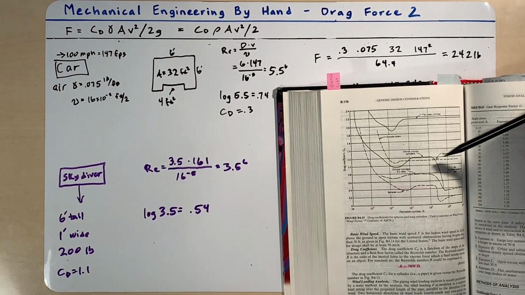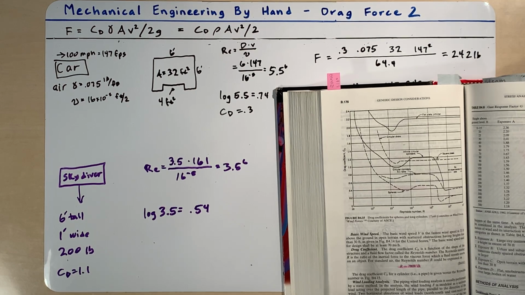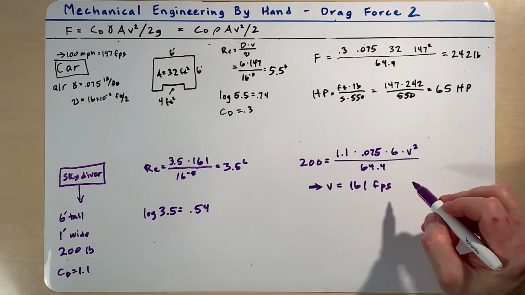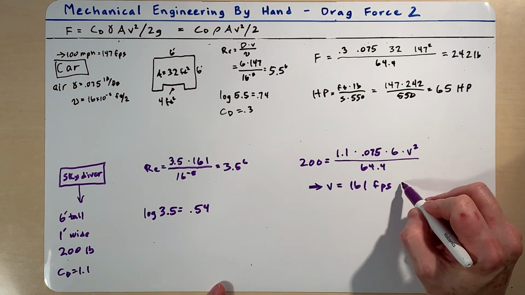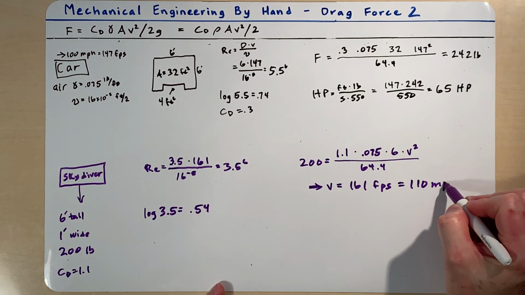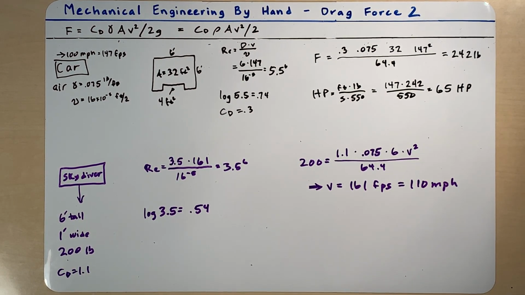And we're on the line for 1.1, so our assumption there was good. So that would be the terminal velocity of the skydiver, and that is 110 miles per hour. Okay, thank you for watching.